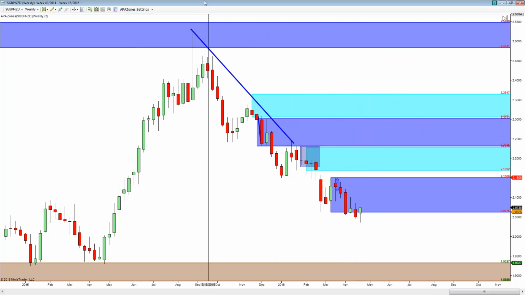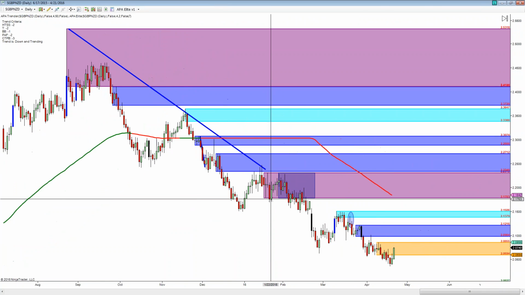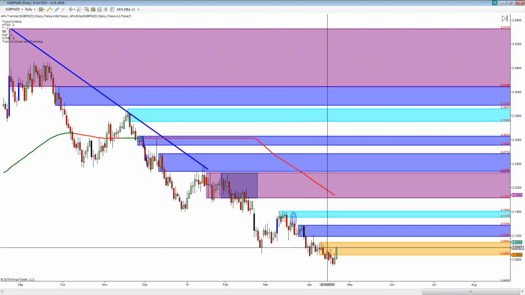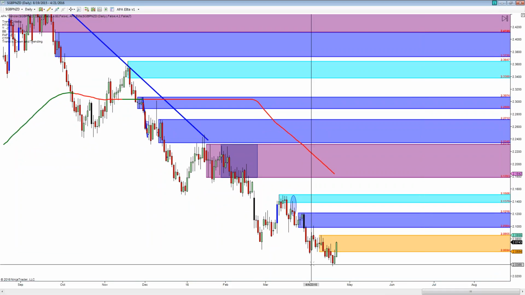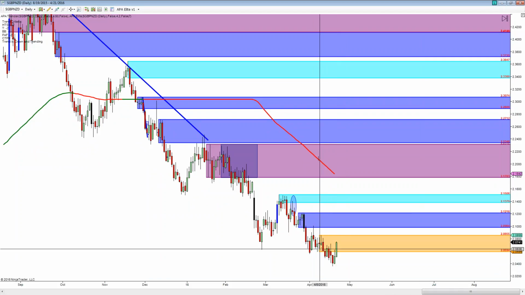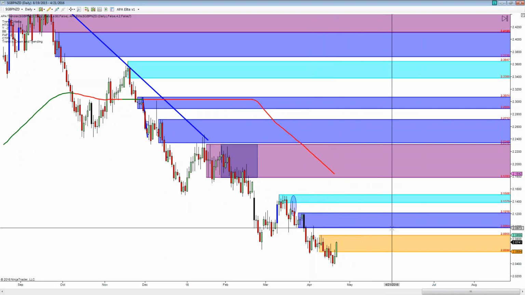Looks like we're still continuing to the downside on the big weekly time frame. On the daily time frame, you know, sometimes it's really hard to sell these pullbacks or to buy the pullbacks, but that's really what I'm looking for. It's just been really, really choppy over the past few days or over the past week, but I really want to get to the short side.